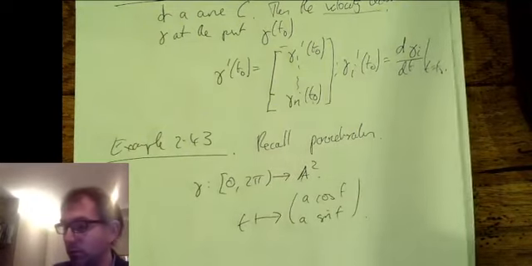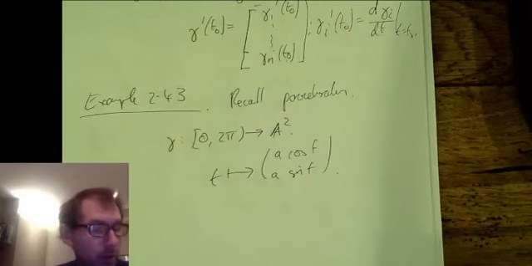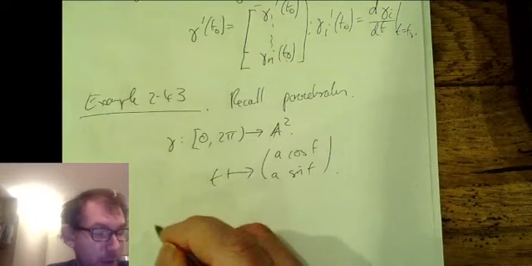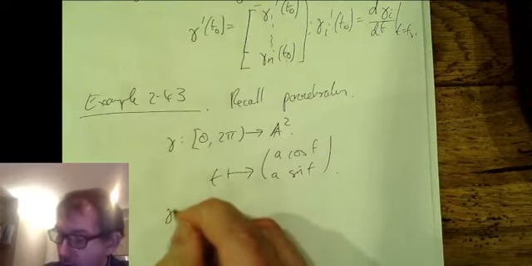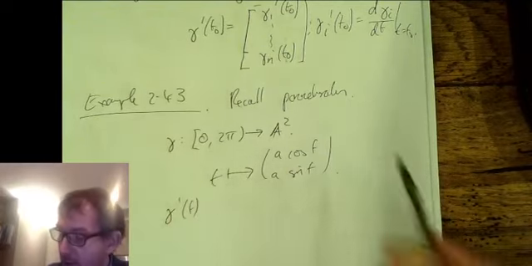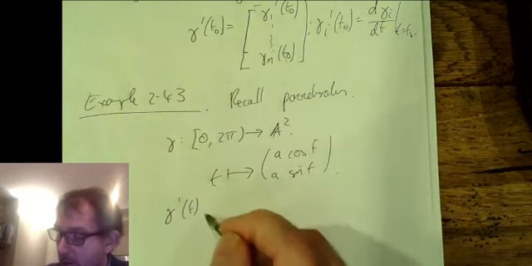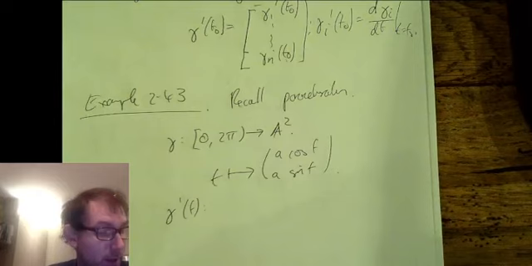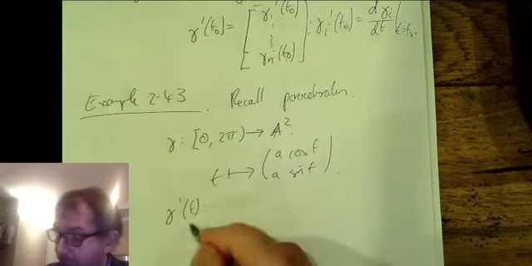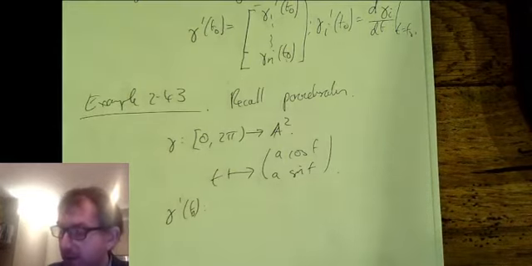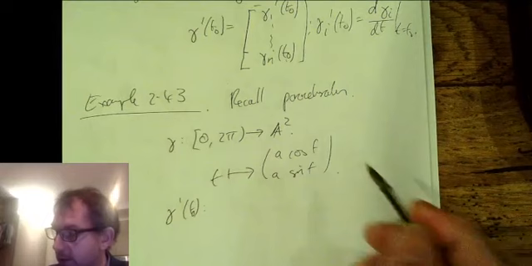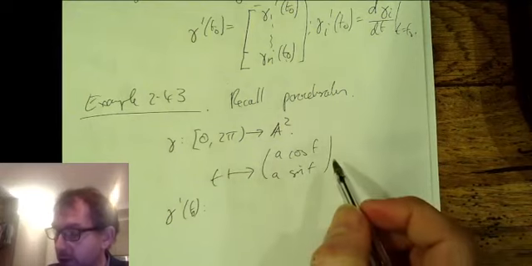So you can imagine what we're going to do. We're going to work out what the velocity vectors look like, which we can do by differentiating. So gamma dashed of t is what we get by differentiating at each of these points. Let's write t0 just to be clear that we're going to plug in a fixed t after differentiating.